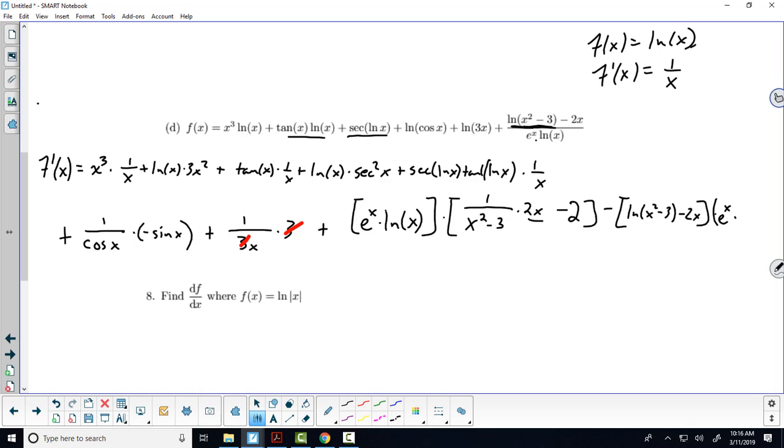Yeah, that's right. So we've got the first. Good. Plus the second. Good. Times. Good. And what's the derivative of the first? Very good. e to the x.